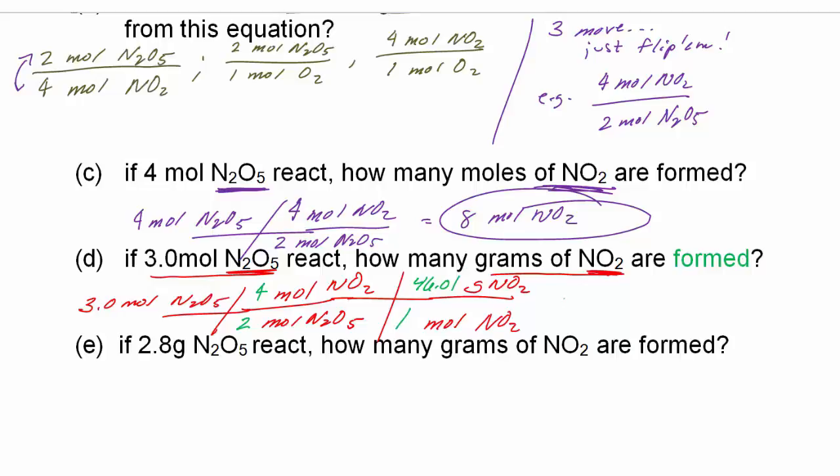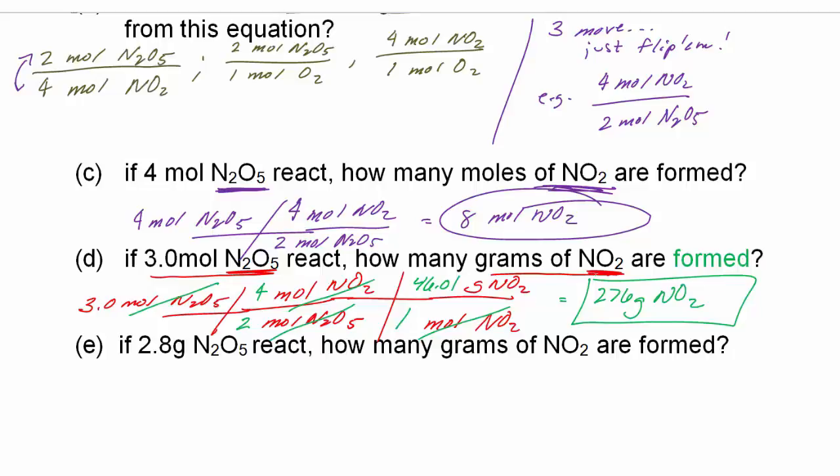About 276. Because all of my units canceled except grams of nitrogen dioxide. And they didn't specify sig figs, so we're not really even worrying about those anymore. Just report your answer to 3 or 4 digits and you'll be fine.